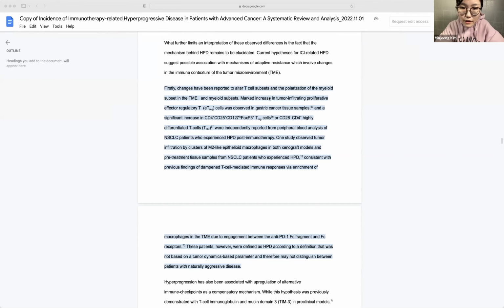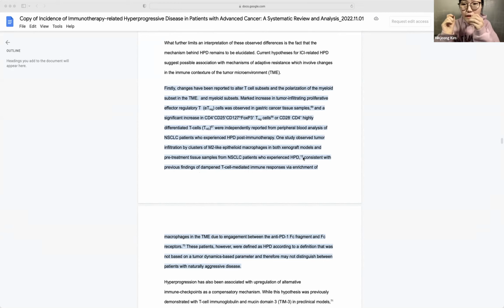And then afterwards, the next section, explain the M2, this paper, and you say consistent with previous findings of dampened T cell mediated immune response due to engagement. So this was just another study.